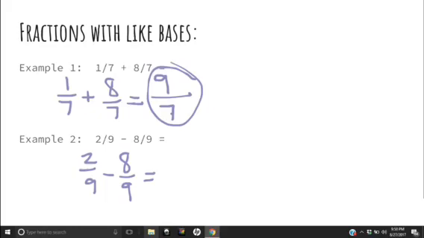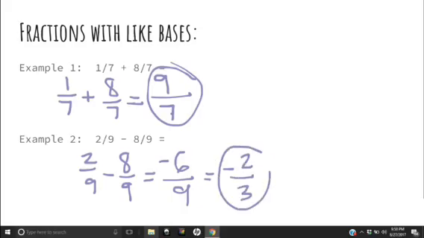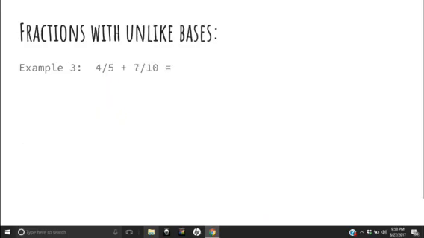Okay, 2 minus 8 gives me -6 over 9, but that can be reduced. Divide by 3. So that gives me 2 and 3. -2/3 is my answer.